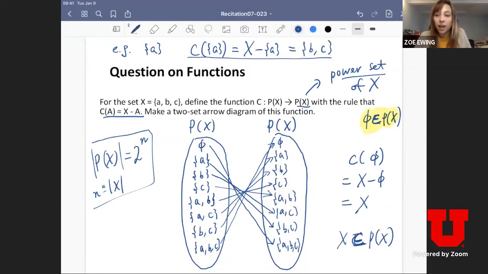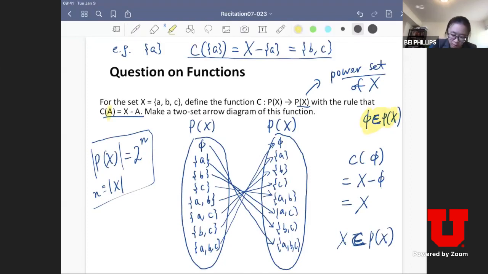Yes. What is set A? Oh, so letter A is a variable. It is a rule of taking an element in the domain and mapping it into something in the codomain. So A is a variable. You replace A by a set that has one element, or the empty set, or any element in the power set itself.